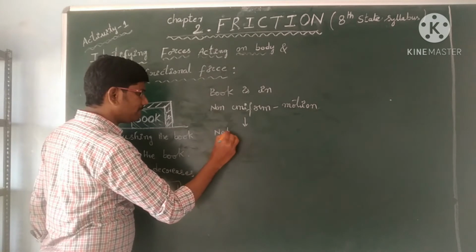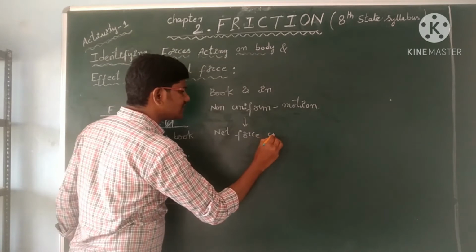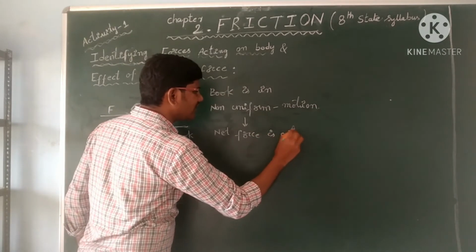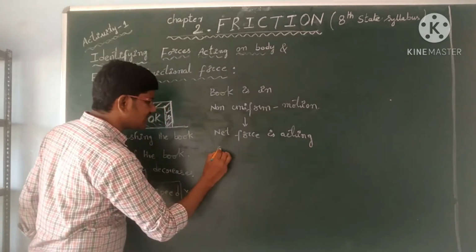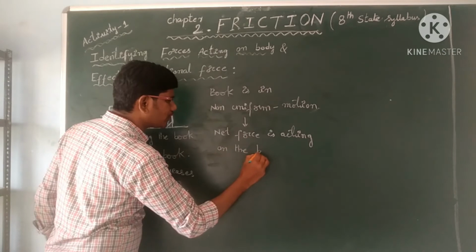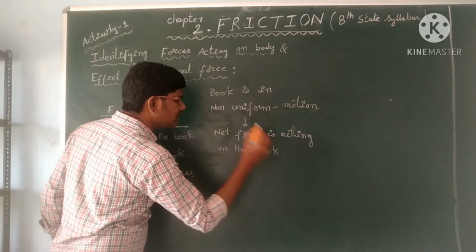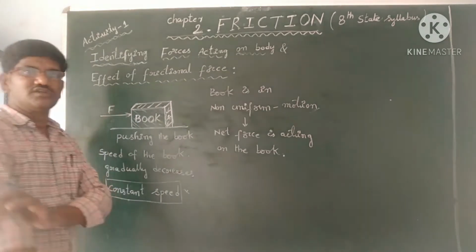So some net force is acting on the book. That is called some unbalanced force is acting on the book.